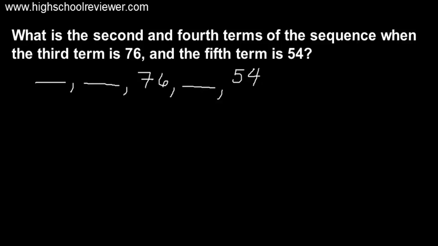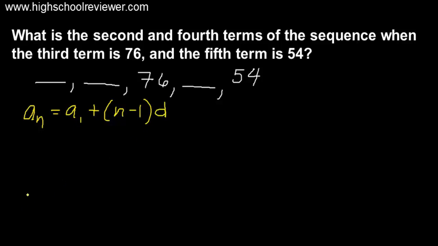The formula for finding the value of terms in an arithmetic sequence is a sub n equals a sub 1 plus n minus 1 multiplied by d.